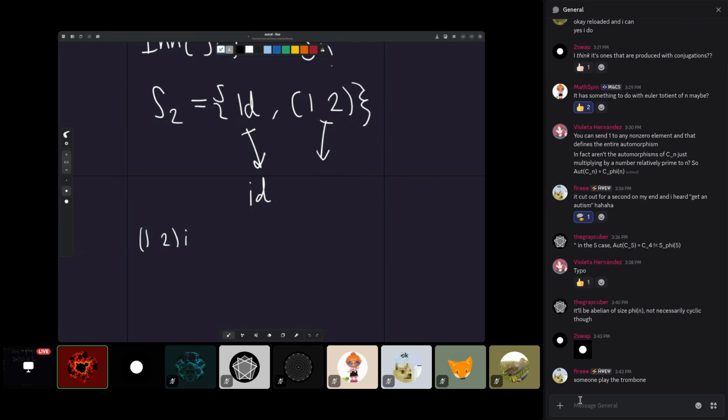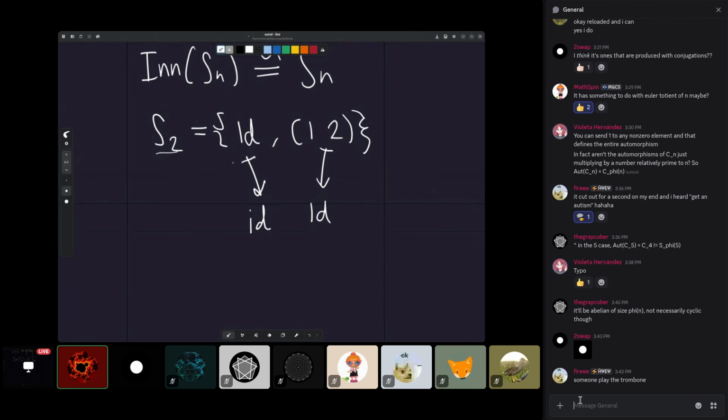In other words, conjugation by this fixes the identity, and similarly, if you conjugate the swap by itself, you swap 1 and 2, then you swap 1 and 2 again, and you end up with swapping 1 and 2. So this is also fixed by conjugation by this. So that gets mapped to the identity. So you see exactly this thing happens where two elements of S2 both map to the same inner automorphism.